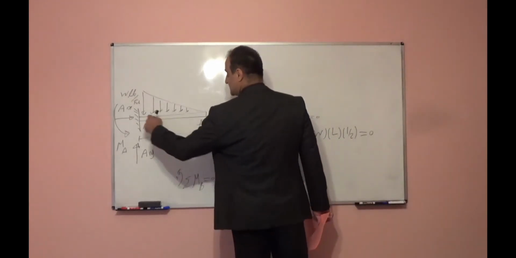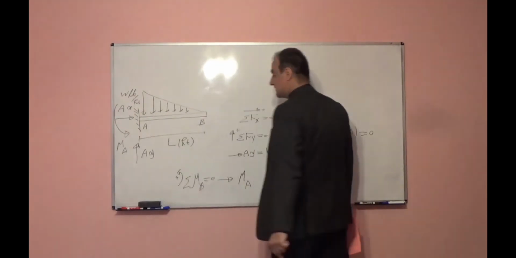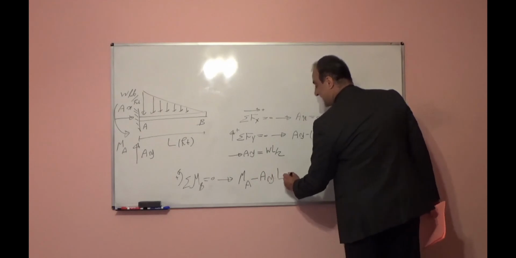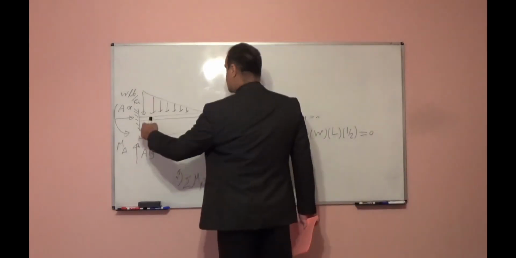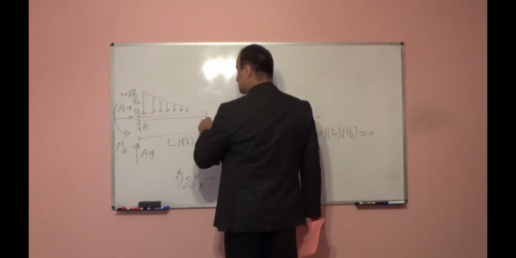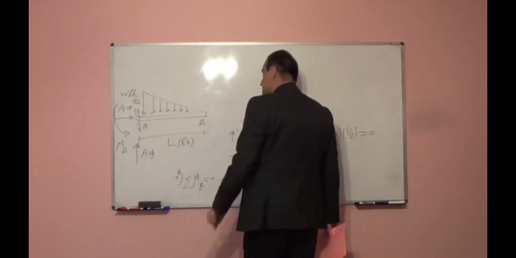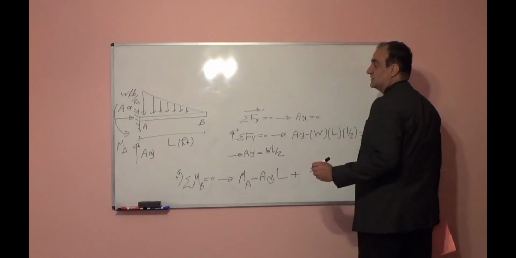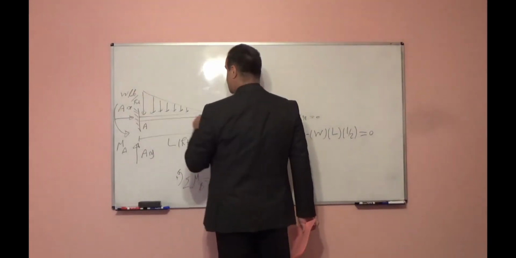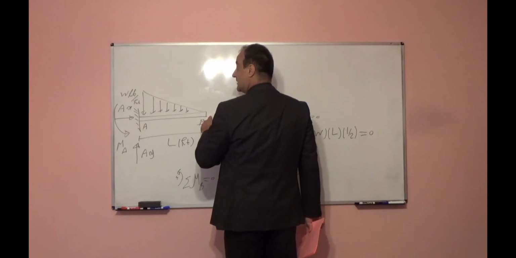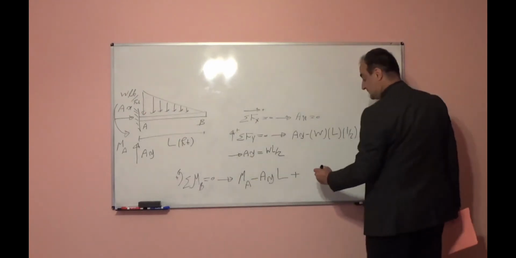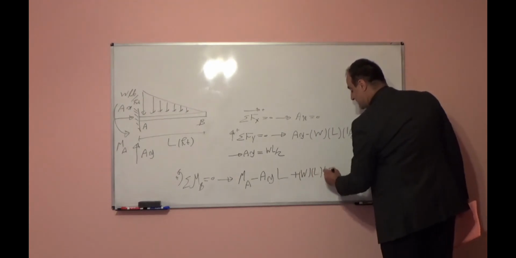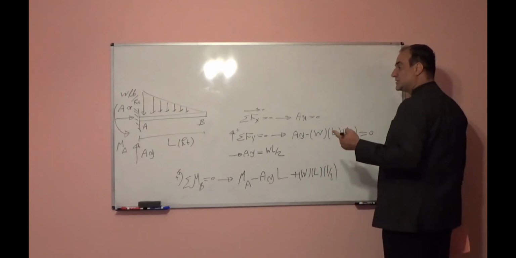It wants to rotate this beam with respect to point B counterclockwise, minus AY times L. It wants to rotate this beam with respect to point B clockwise, so negative, plus the moment created by this external load with respect to point B, it will be again counterclockwise, so it is positive, positive W times L times 1 over 2.